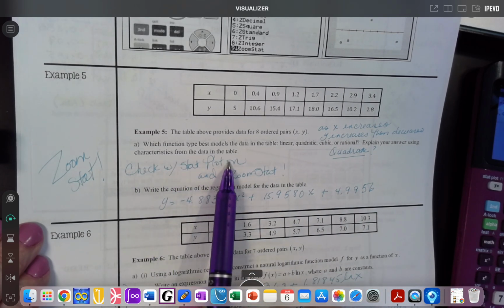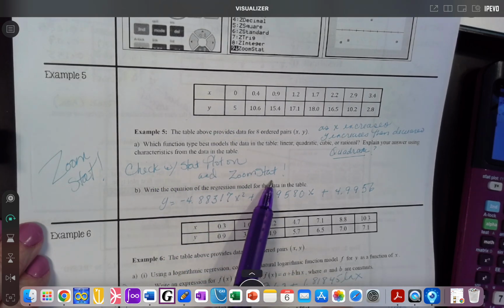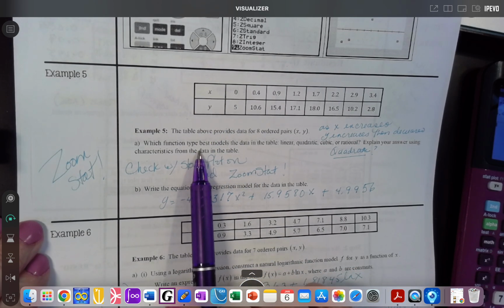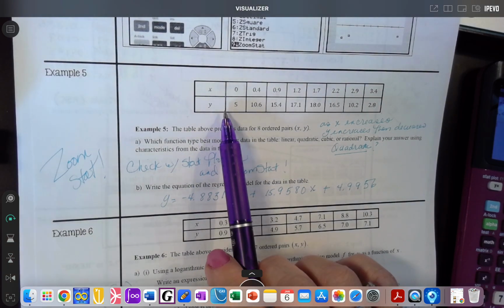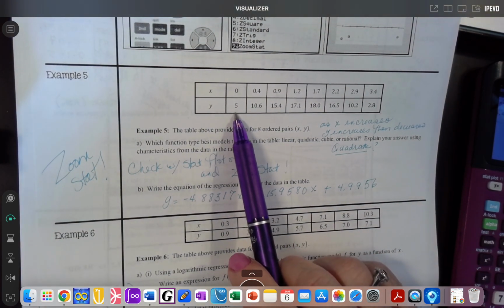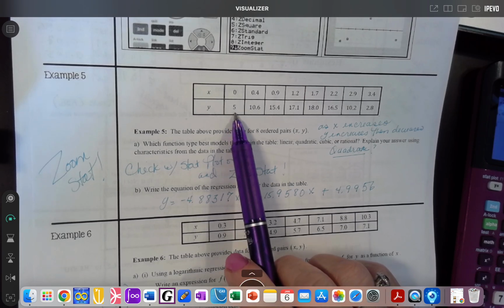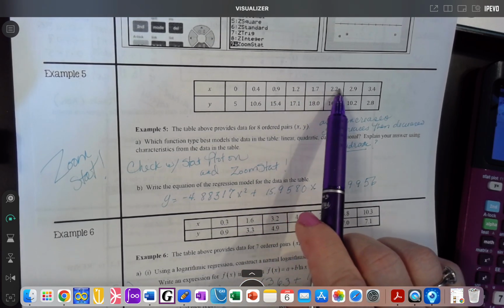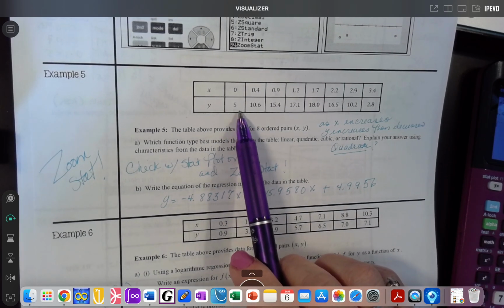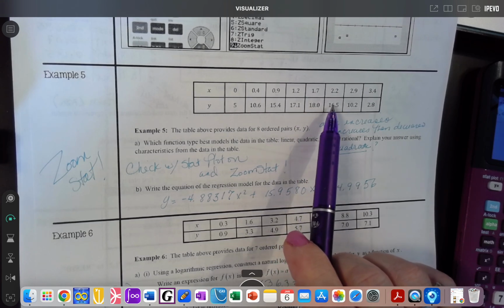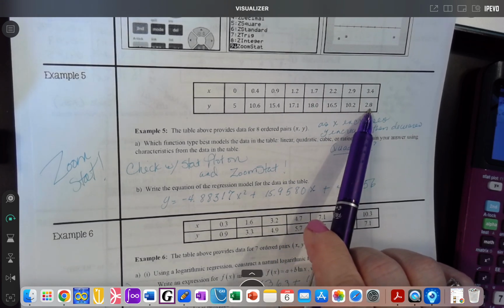What you can do is go through each regression model and look for the one that has the best fit, but actually it might be faster if we just look at the data. If we're not using our calculator, we can see that as the X values increase, the Y values go 5, 10, 15, 17, so they're going up to 18, but then they start down at 16, to 10, to 2.